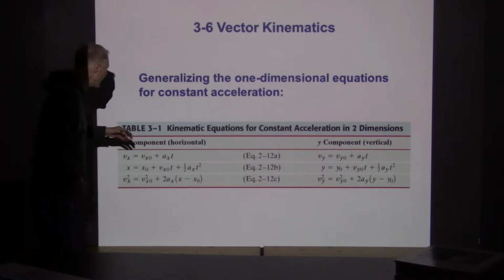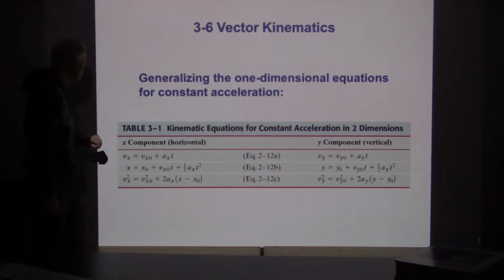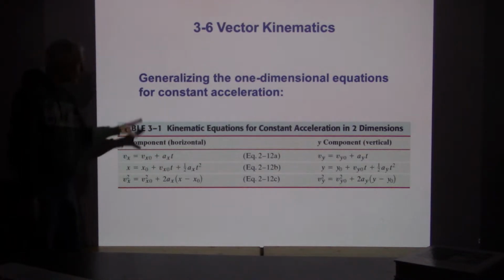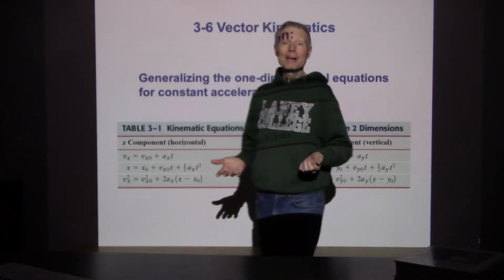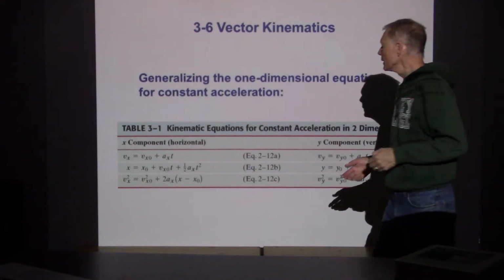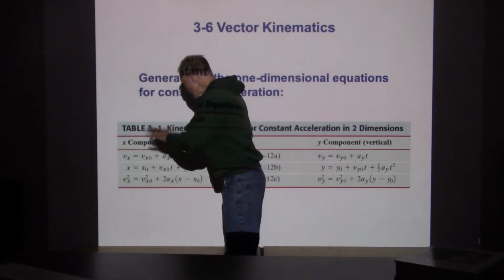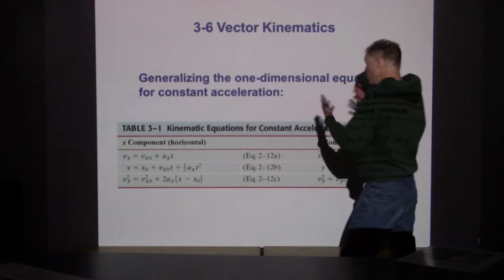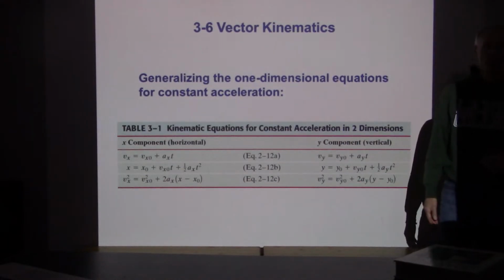What would happen then, looking back at those formulas we had before, is we're going to have a set of formulas in the x direction. And I hope at this point you're looking at it and going, yeah, these are the formulas that we derived back in chapter 2. Now we're writing them down exclusively for what's going on in the x direction. Then we just duplicate them, only this time they have subscripts for the y direction.